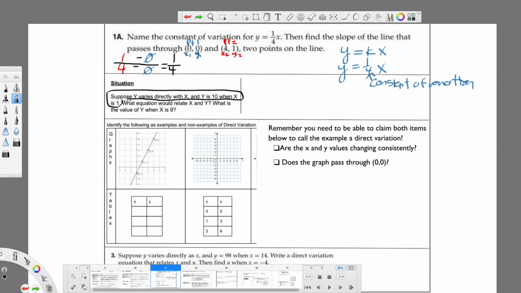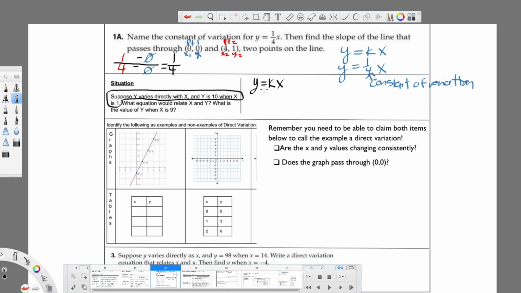All right, so suppose y varies directly with x. When I hear this varies directly with that, it doesn't matter what it is. I'm saying this and that because it doesn't matter if it's y and x or z and a. We write it as y equals kx.